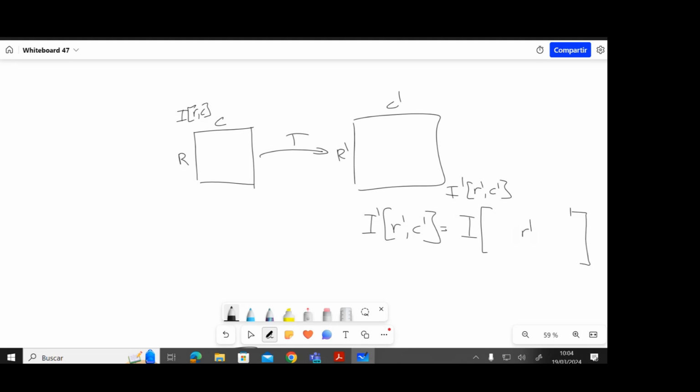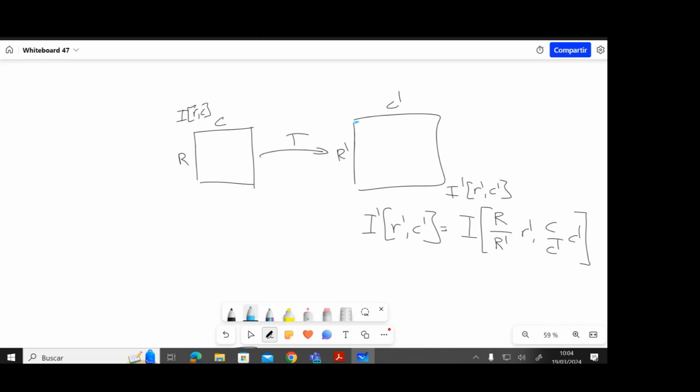When you take the R prime, C prime coordinates, let's see if it works. Let's say that I have the 0, 0 coordinate. You plug it in there, and you make this calculation.